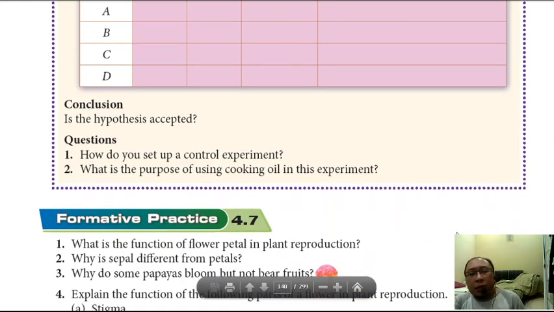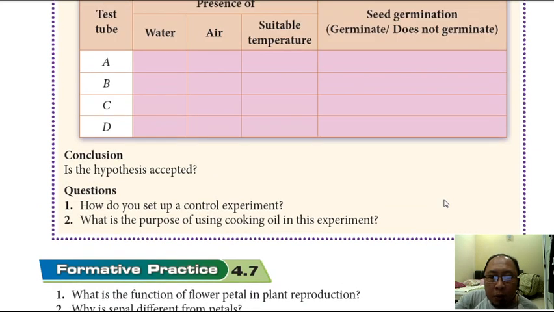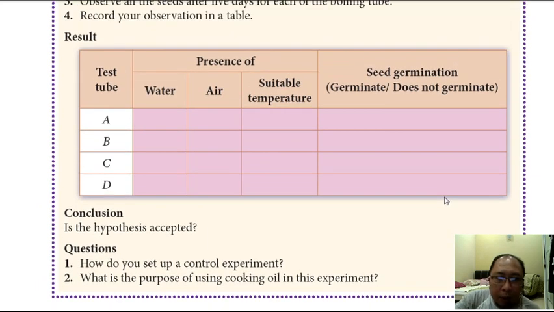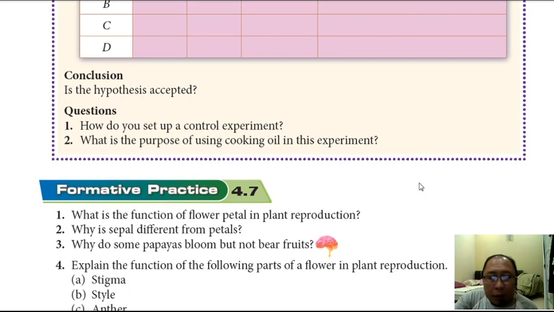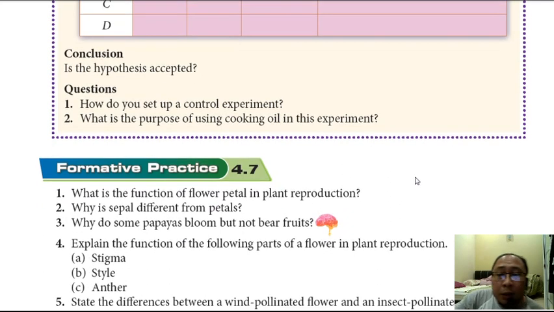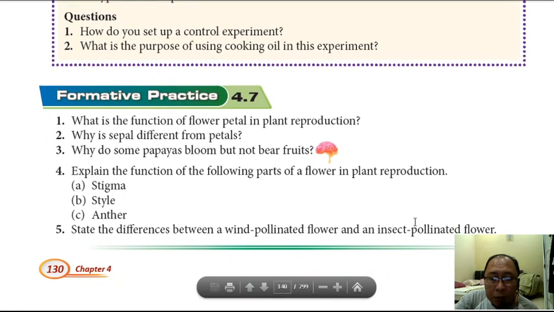So that's all for subtopic 4.7 in the reproduction of plants. I hope that you can do all the notes in this subtopic, and after completing the notes in your notes book, as usual you have to do the formative practice 4.7 and answer all the questions in your notes book.